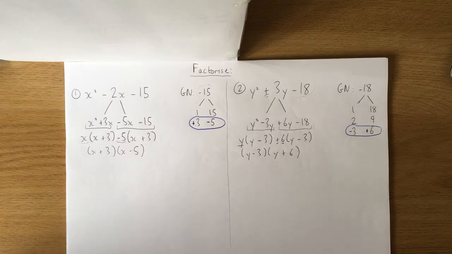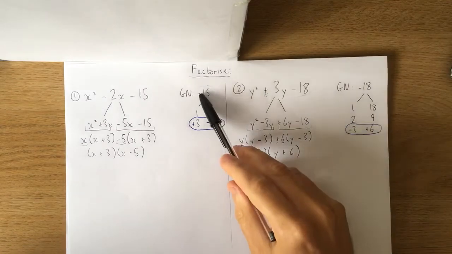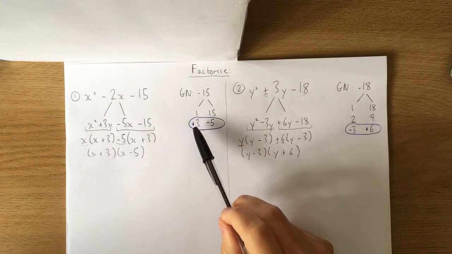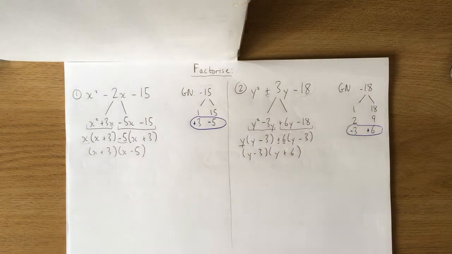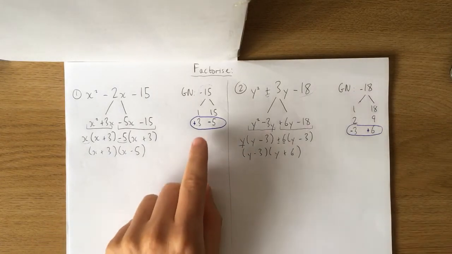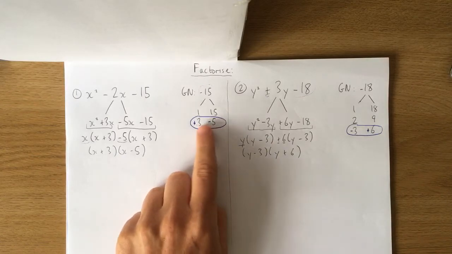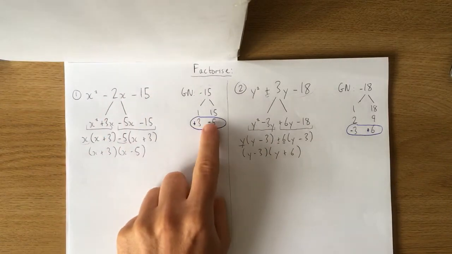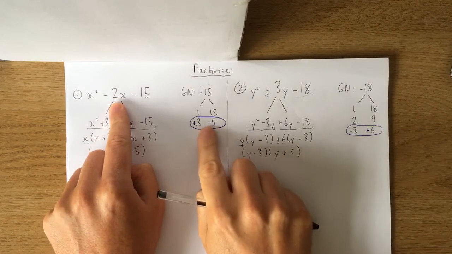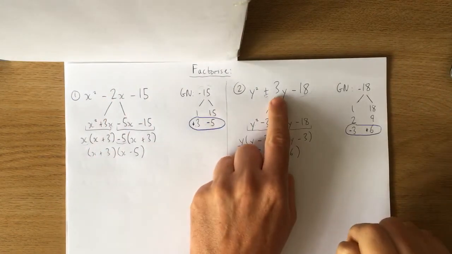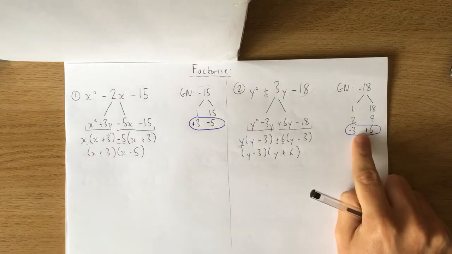All right, so when your guide number is negative, one factor will be positive, one will be negative. So you're going to have a decision to make. The pair of factors you pick is just the ones where the difference between them is the number you were looking to get. So I was looking to get 2 here, so I picked the pair with 2 between them. I was looking to get 3 here, so I picked the pair that had 3 between them.